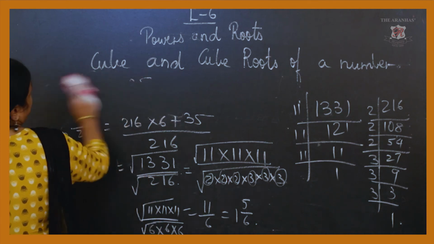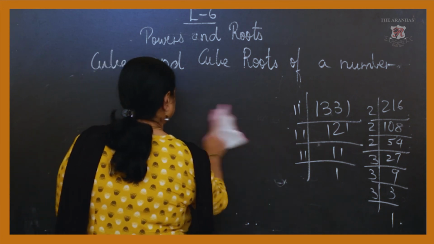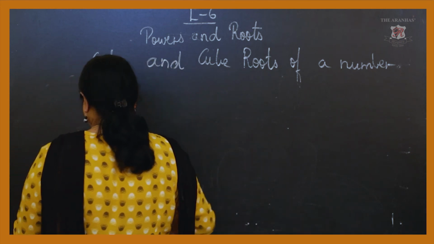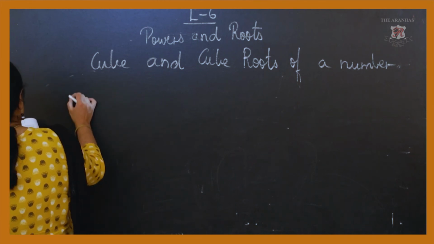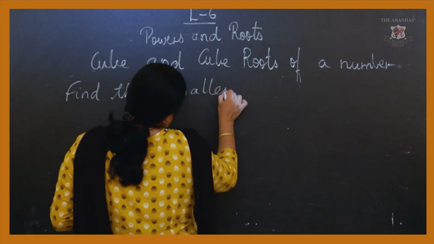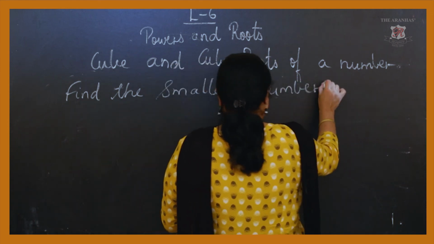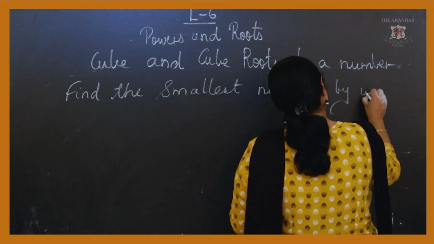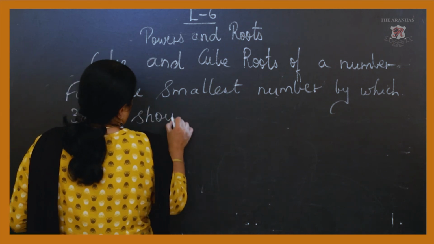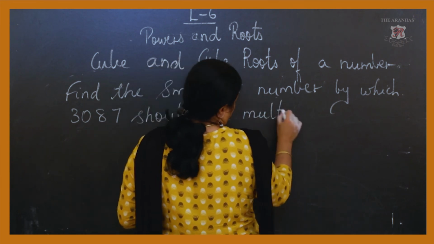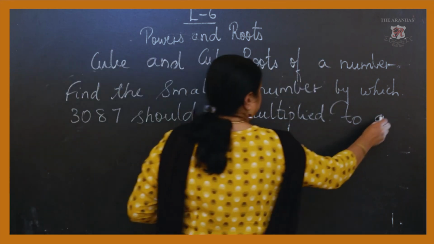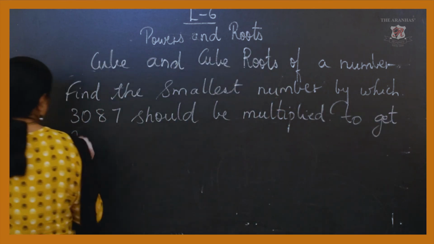Next is, suppose we are taking that, find the smallest number by which 3087 should be multiplied to get a perfect cube.